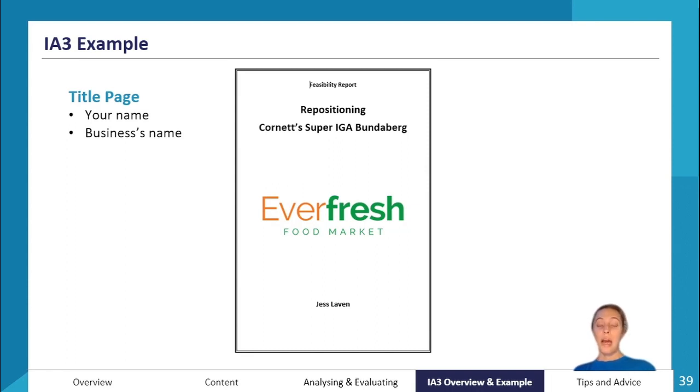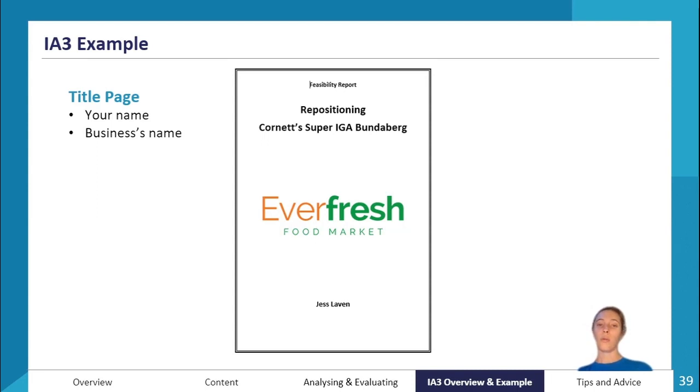So next up, we're going to have a look at an example of an IA3 task. So this is the assignment that I completed when I was in year 12. We did it on Everfresh. So Everfresh is a repositioned version of Cornet Super IGA.